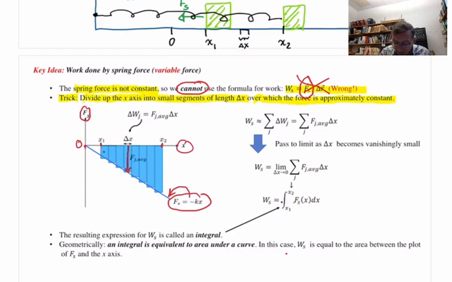So the one that I have labeled delta x, although they all have width delta x, the one I've singled out to focus on is the fourth one. But we'll just use this generic subscript j to say it's the jth rectangle, where j in this case can be anything between 1 and 8. I happen to draw the picture there for the average spring force where j was equal to 4.